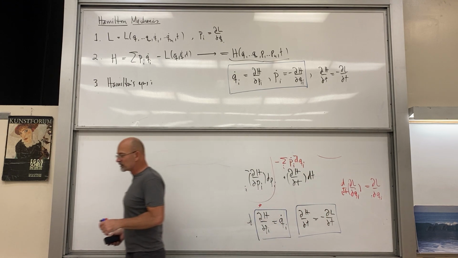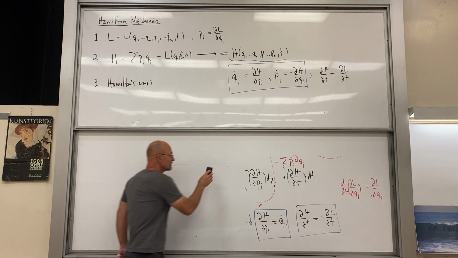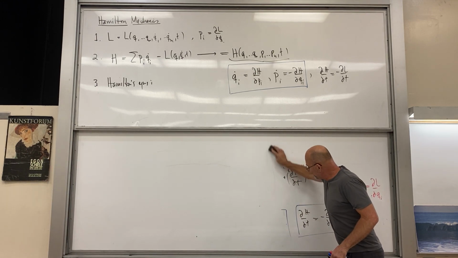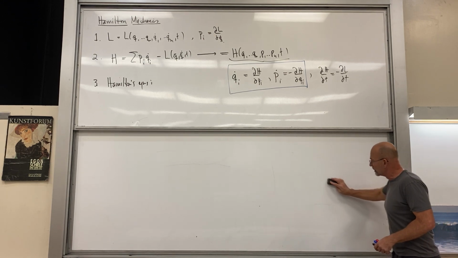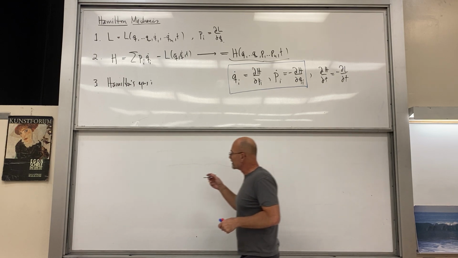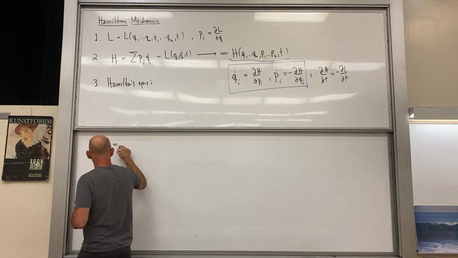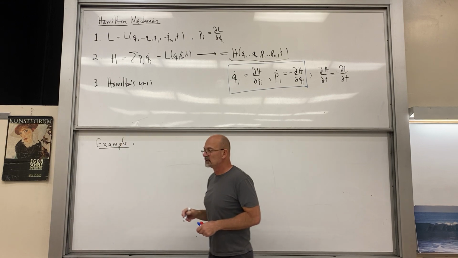Let's see how we're doing time-wise here. Fine. Okay, so first an example, and then a few general facts about the system. So our example is just going to be one degree of freedom, simple particle.